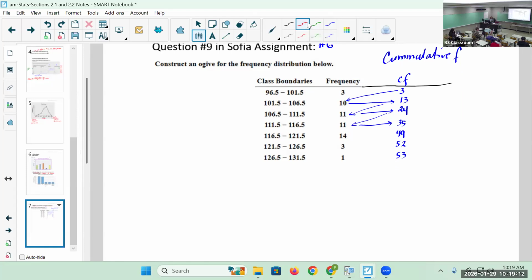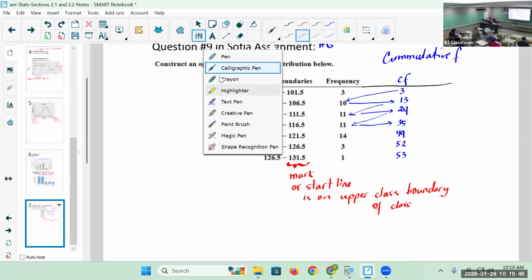So on the start line, the mark or start line is on the upper class boundary of a class. In other words, this one's here.